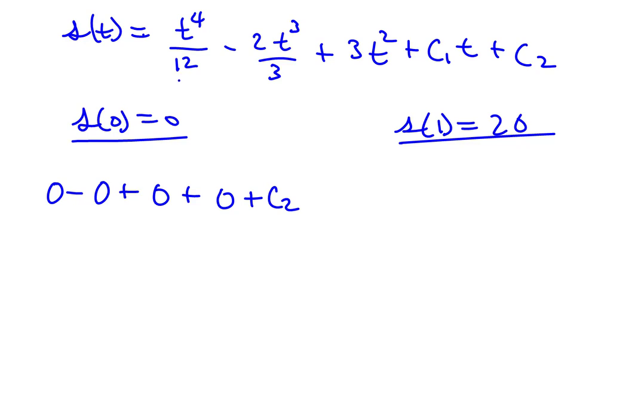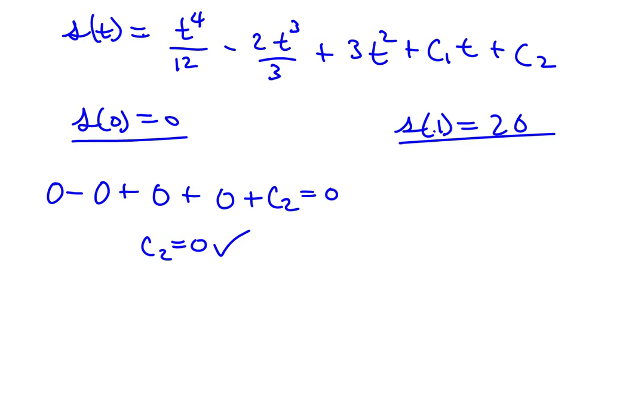Okay, so that's just plugging in 0 for t's in this s equation we got. But of course, this is all equal to 0, supposedly. That's what s of 0 is supposed to be, which means then we can say c2 must be 0. Alright, so that's one of the values we need.